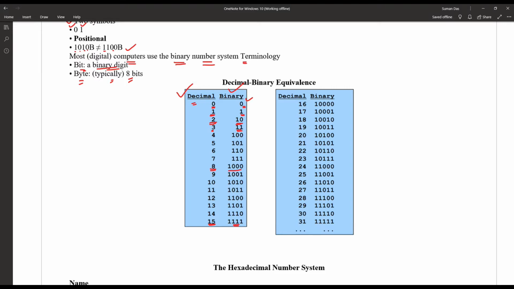So particularly it has the base 2, and according to that we can go on with 16, 17, 18, 19 in the decimal number system. Suppose 27, in the binary number system its equivalent is 1 1 0 1 1.